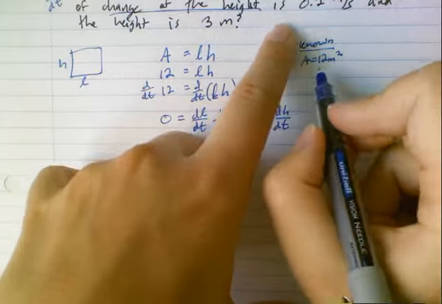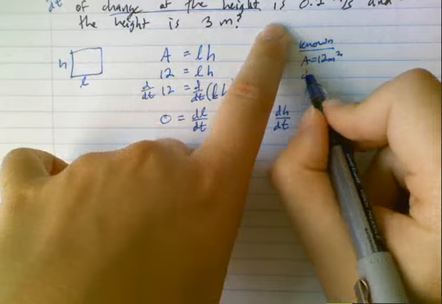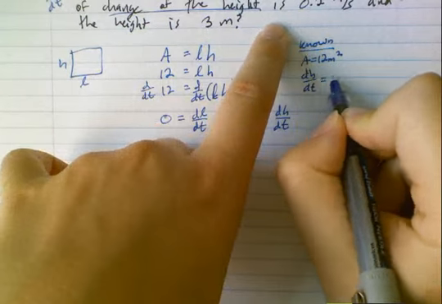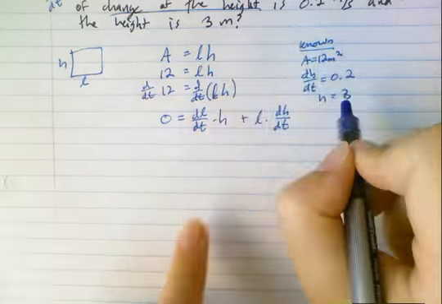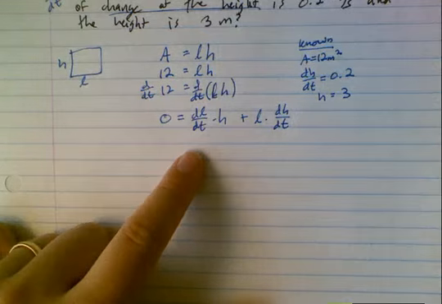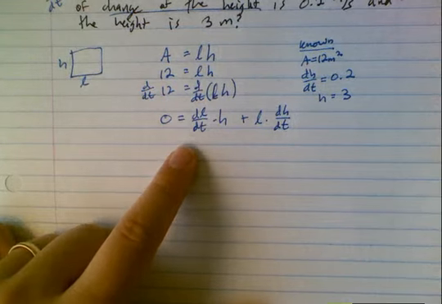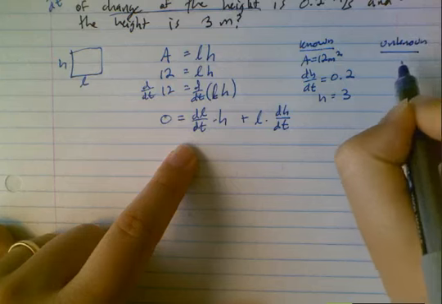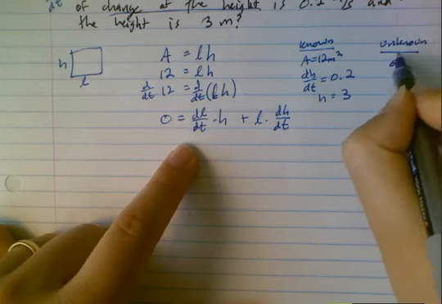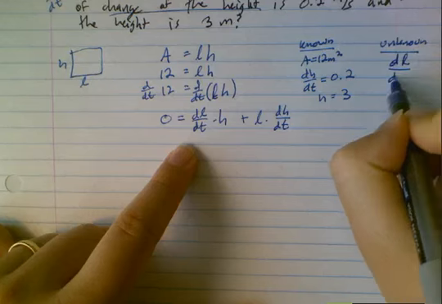Furthermore, we are told that dh/dt is 0.2 and that h equals 3. So we are solving for the rate of change of the length, dl/dt.